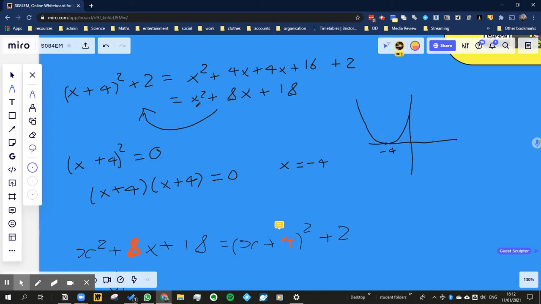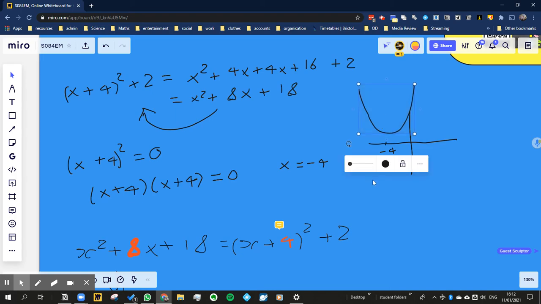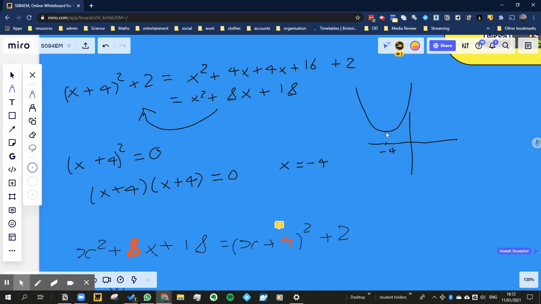Now, what this is saying is x plus 4 all squared plus 2. So it's just like the x plus 4 all squared, but you've added 2 onto that. In other words, it's just a little bit higher. So that minimum point, which can be thought of as the turning point, would be at minus 4 on the x-axis, but it would be 2 on the y-axis.